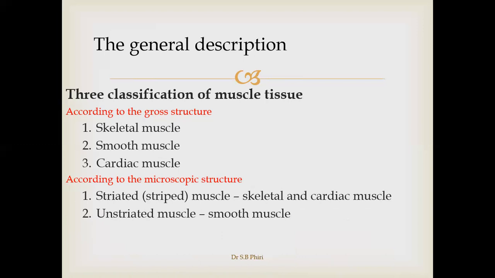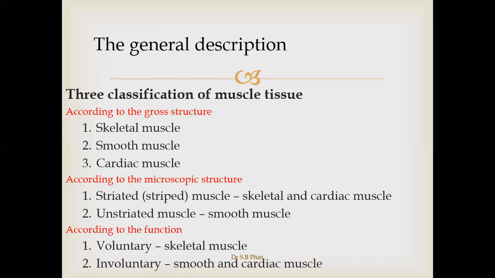So you have the thin filament and the thick filament, the dark region and the light region of the muscle, and it'll give you those striations. So only 2 muscles are classified as striated muscles: skeletal muscle and cardiac muscle. If they don't have those striations, they are referred to as unstriated muscle. A good example of unstriated muscle is smooth muscle. That's why they're called smooth muscles, because they don't have those striations. So they are called unstriated muscles.